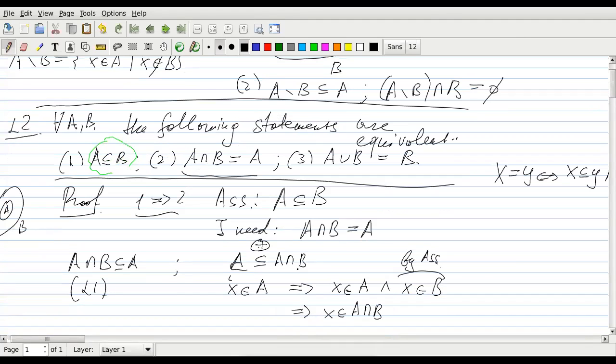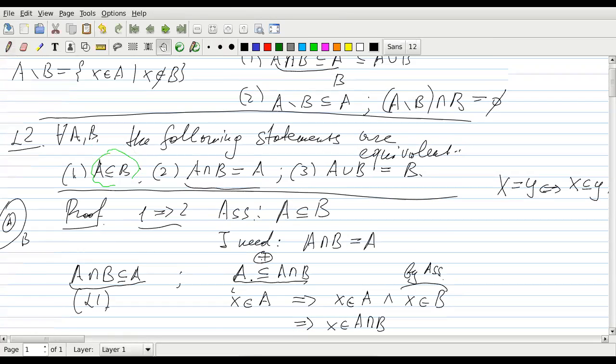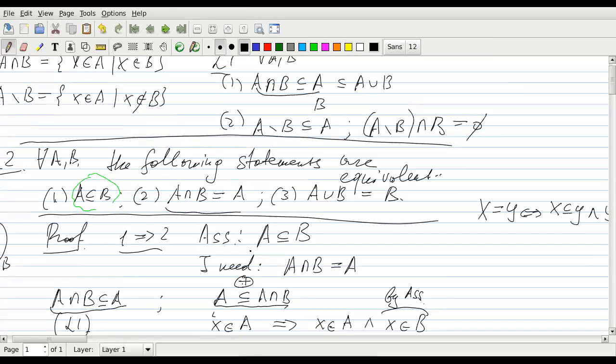Assume you know that this holds. Of course, A is a subset of A, and the intersection is a subset of the intersection. And what of it? How is it possible to prove the converse inclusion from this one? Okay, I see. I can't see the way to do so. Okay.